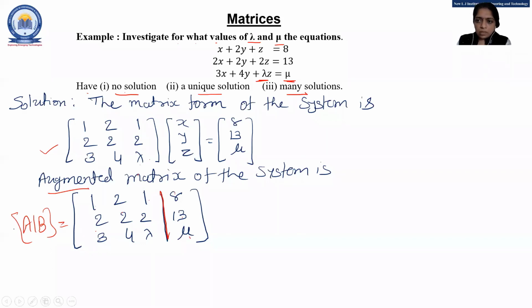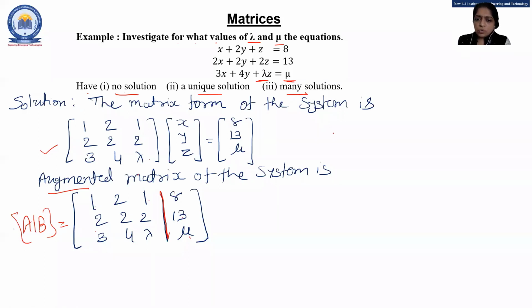Now, listen. For the solution of this matrix, I am going to apply the Gauss-Jordan method. What is the difference between Gauss elimination and Gauss-Jordan?